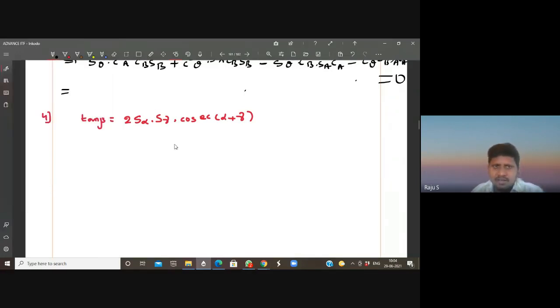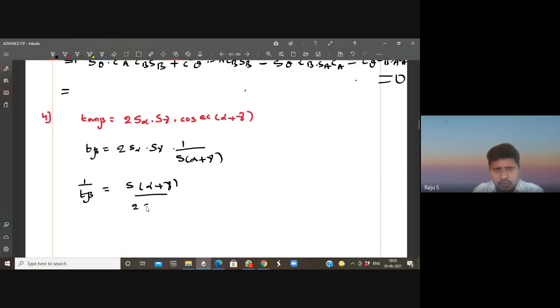It's not difficult again. See here, tan beta is equal to 2 sine alpha sine gamma times 1 by sine alpha plus gamma. Am I right? Now I want to write the reciprocal. 1 by tan beta is equal to sine alpha plus gamma by 2 sine alpha sine gamma.